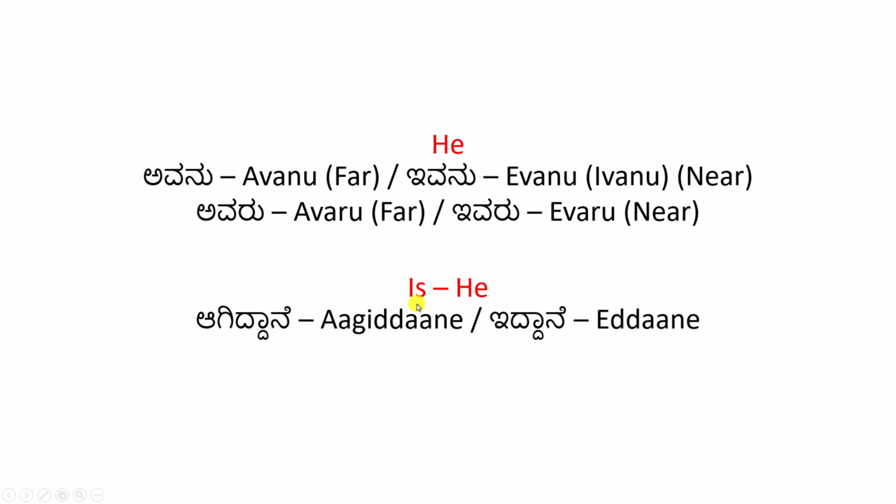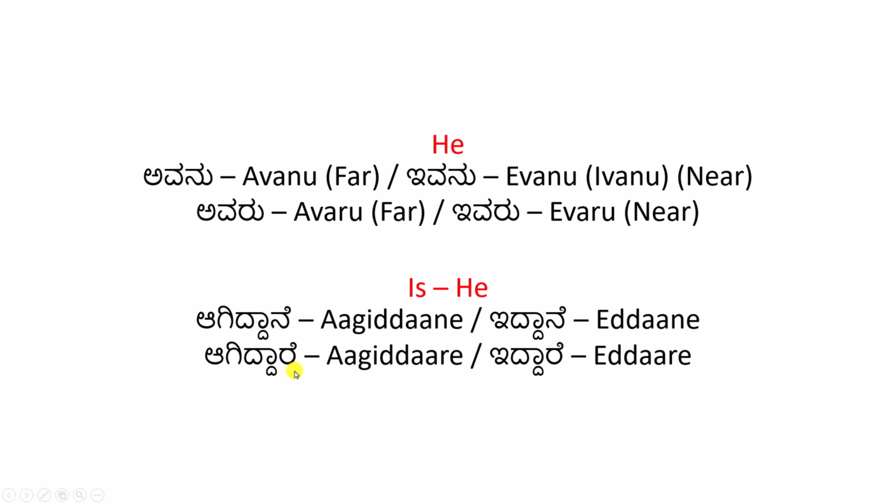Next, is when it comes with he has multiple words too. ಆಗಿದ್ದಾನೆ, ಇದ್ದಾನೆ, ಆಗಿದ್ದಾರೆ, ಇದ್ದಾರೆ.